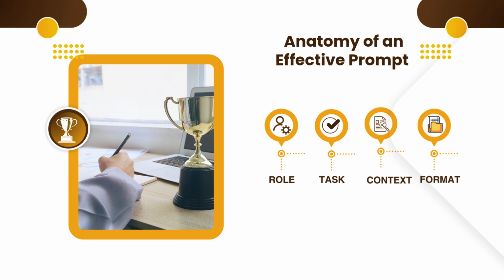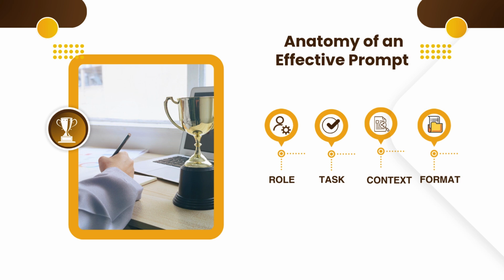So instead of a vague prompt like "give me a summary of this," try something like, "you are a senior FP&A analyst, use the uploaded Excel file, prepare a Q1 variance summary of marketing expenses versus budget, respond in bullet format with key cost drivers."